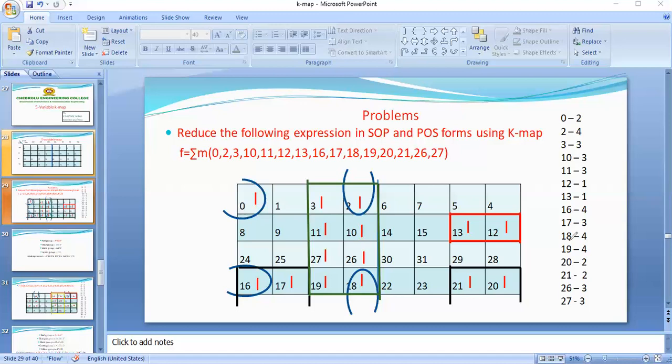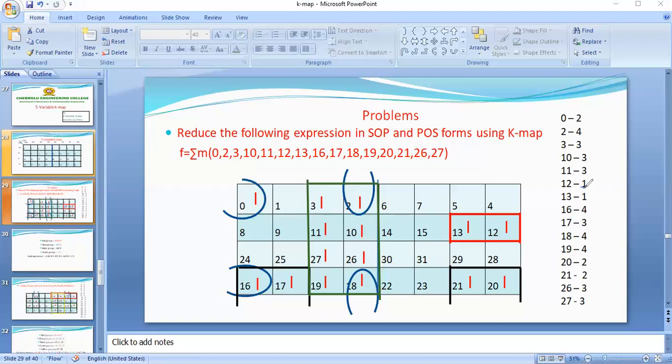From the number of adjacencies, you have to give priority to the minterm with the least number of adjacencies. Here the number of adjacencies is equal to 1 for minterm 12 and minterm 13. These are the least numbers of adjacencies.